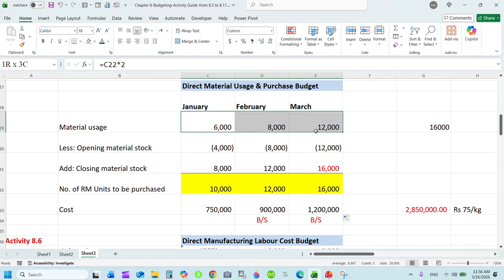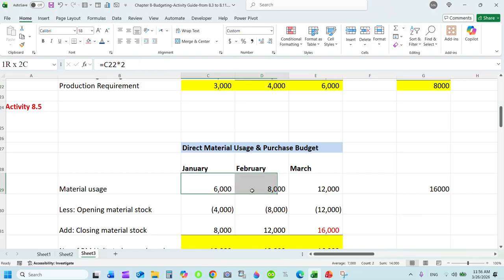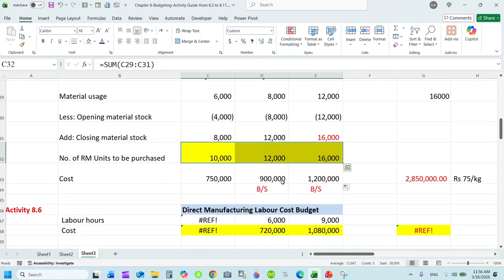This represents usage based on production. Based on usage and closing stock requirement, and after adjusting open stock, we decide the number of units to be purchased, and by adjusting with the purchase price, we decide the purchase cost budget, right? Okay.